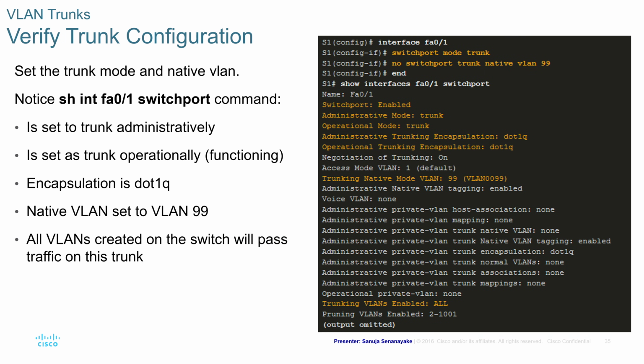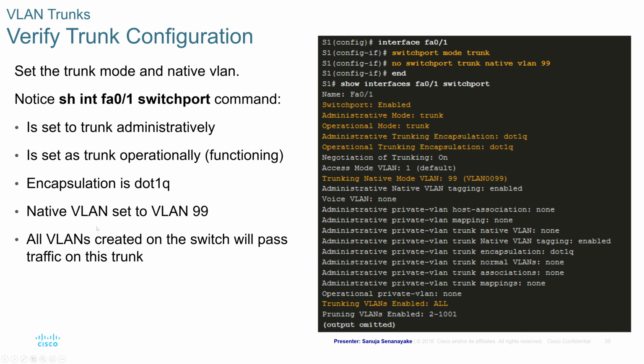Verify trunk configuration. Set the trunk mode and native VLAN. The show interface fa0/1 switchport command will display the information we need to verify the configurations, because that will tell you whether the trunk is set administratively, and whether the trunk is operationally working, that means functioning.